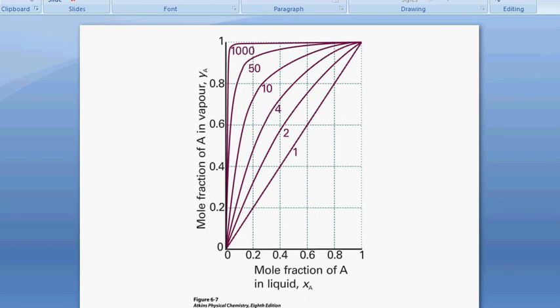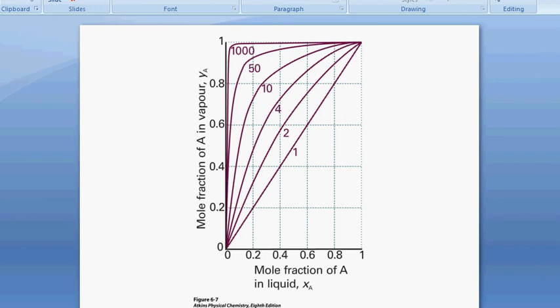If I go to 10, for example, then at any value of X, I see that I have a larger value of Y. It shows that because A is more volatile, more A is present in the vapor phase, although we have less A in the liquid phase. So at each and every point, that is the truth. What is this 10?